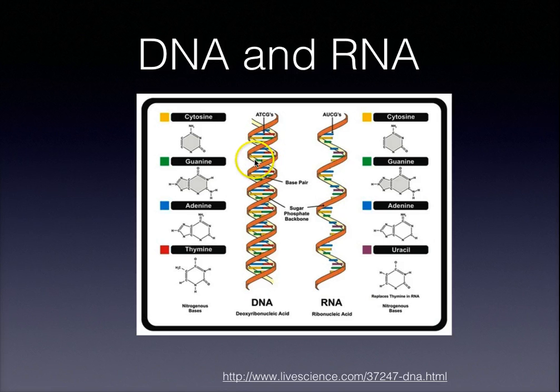We've got two strands, sugar phosphate backbone, and then the base pairs in the middle coming together via hydrogen bonds. It shows all the bases that are involved in DNA. Here are the bases involved in RNA, and again, this is the single strand of RNA.